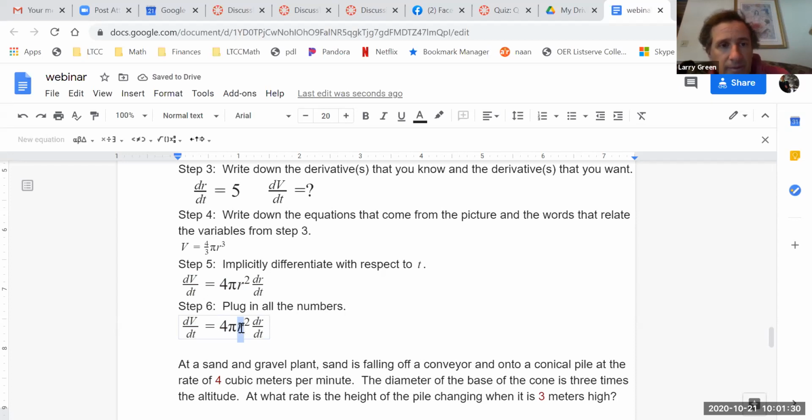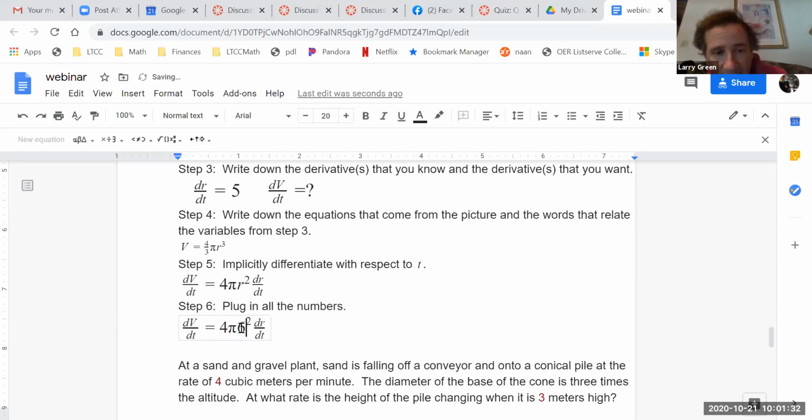R was 6 and dr/dt was 5. Okay, and this is boring work, but 4 times 5 is 20. 20 times 36 is 720. So 720 times pi.